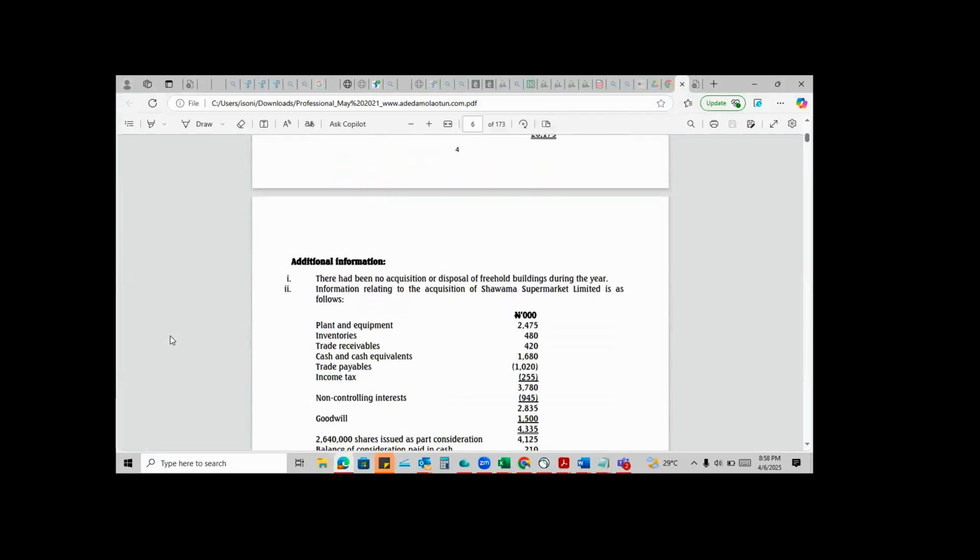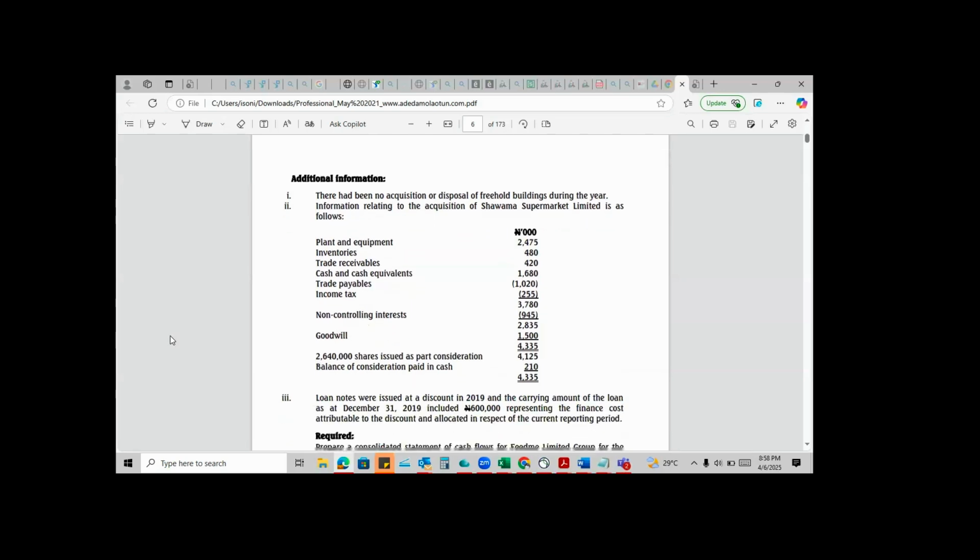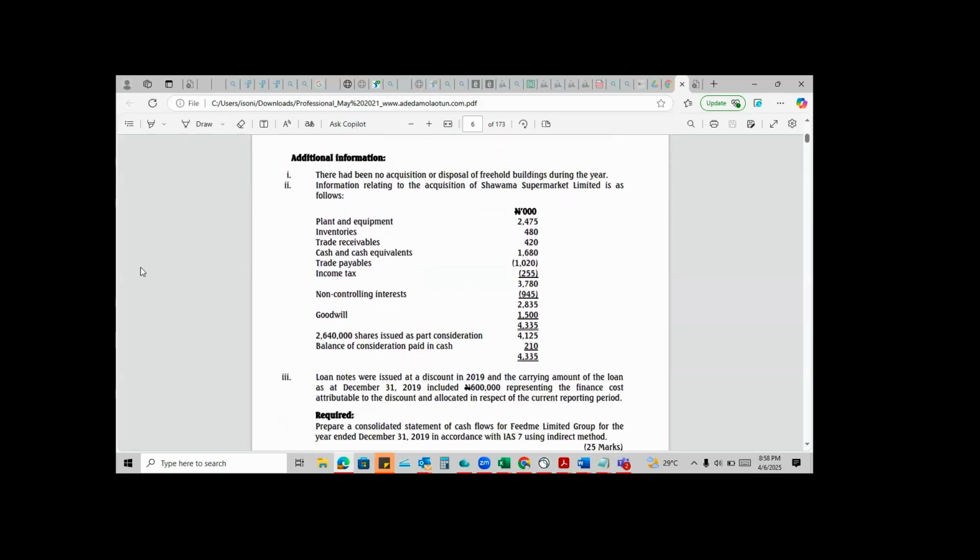Let's come down here where we have something on finance costs. They said loan notes were issued at a discount in 2019, and the carrying amount of the loan notes as at December 31st, 2019 included 600,000, representing the finance cost attributable to the discount.